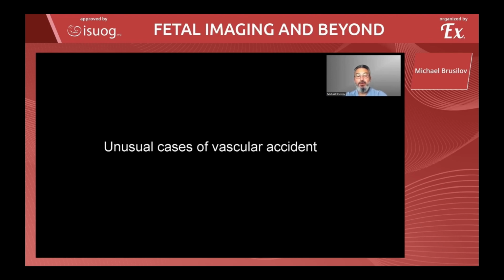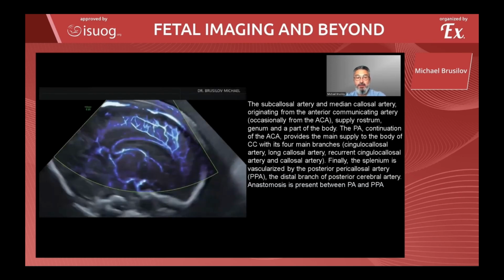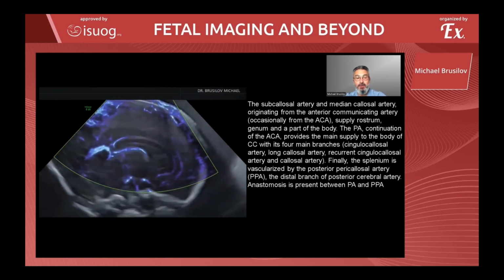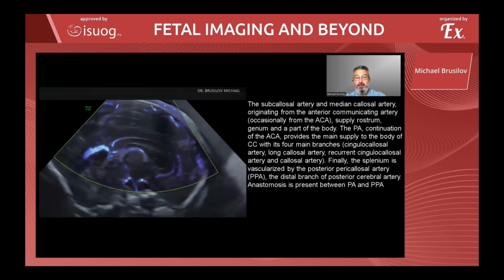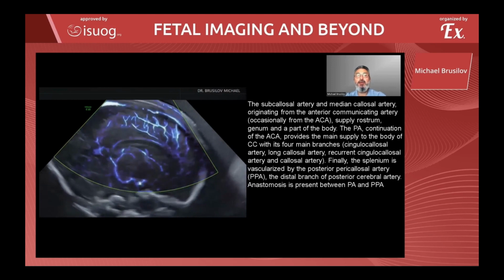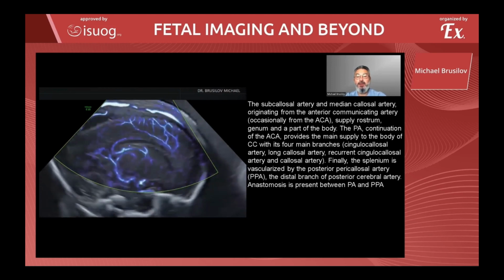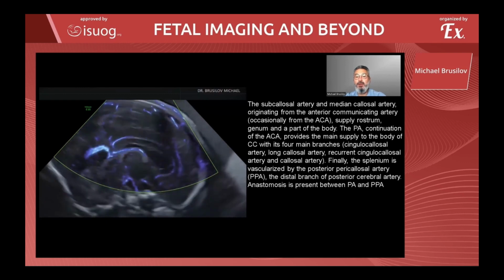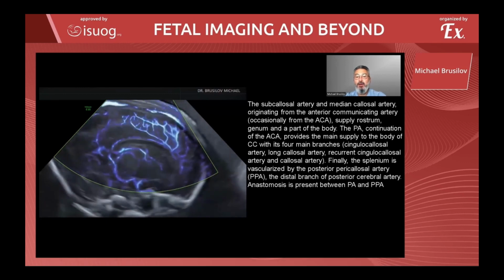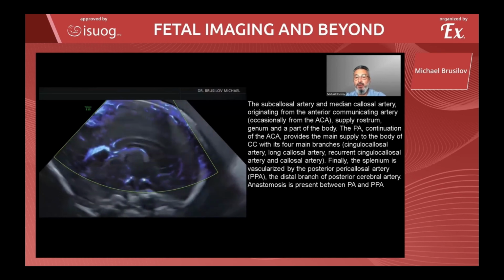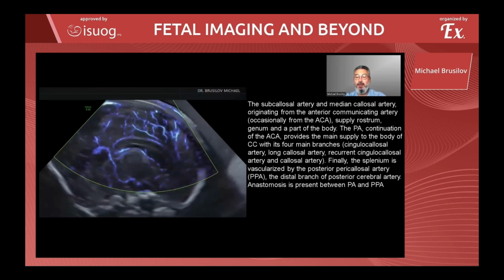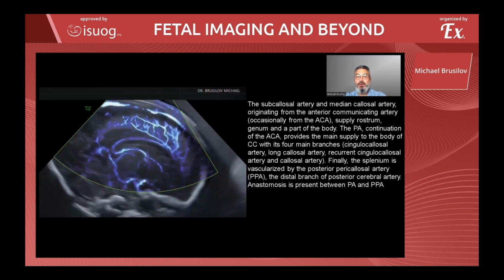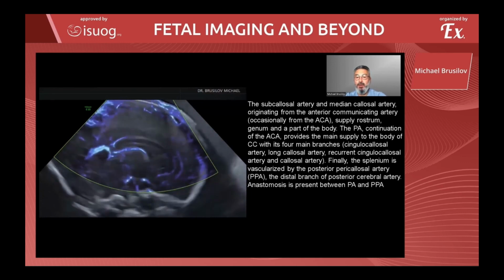I'd like to show you two unusual cases of vascular accident. The first case is of a destroyed corpus callosum during pregnancy because of a vascular accident. You can see here the normal pericallosal artery, the subcallosal artery and medial callosal artery originating from the anterior communicating artery, supplying the rostrum, genu, and part of the body.